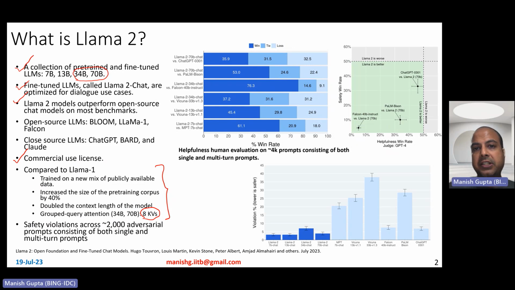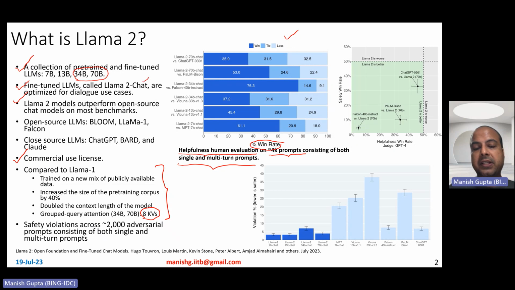They have also essentially shown, so as you can see, here are the results. So this is basically win rate results, which are shown as evaluated using helpfulness evaluation. So essentially how helpful the response was for humans, right? On 4,000 prompts consisting of both single and multi-turn prompts. Remember, it is a dialogue modeling kind of thing with Llama 2 chat models.